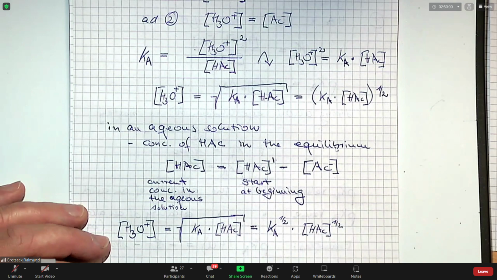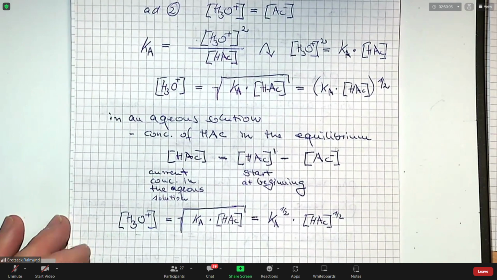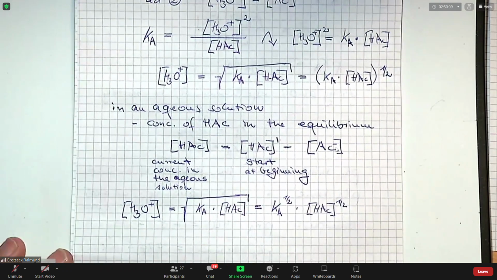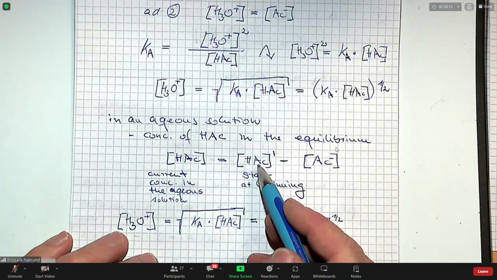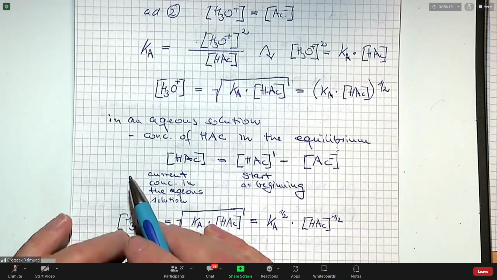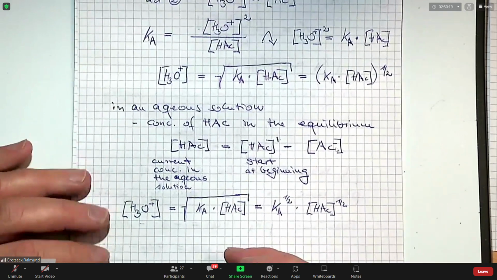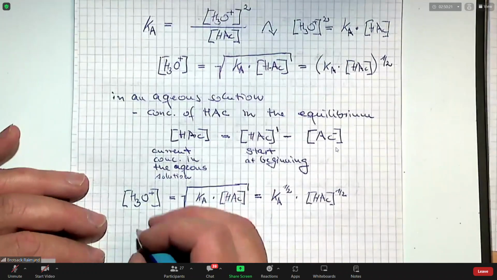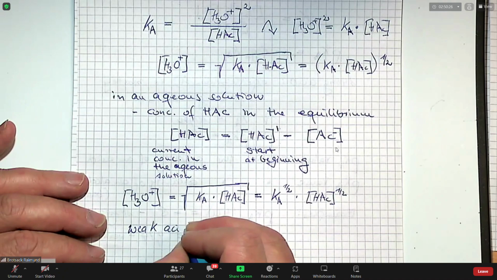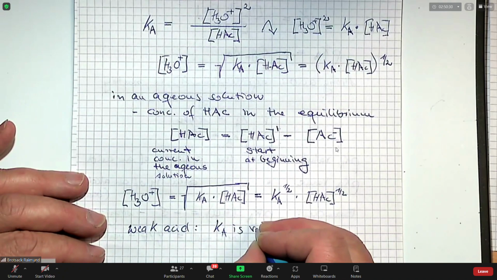That's the same. And now we say HS is current starting minus that. If Ka is very low, we have a weak acid. That means Ka is very low.